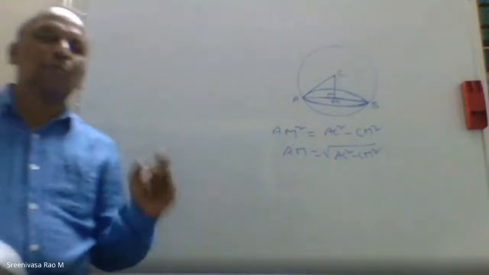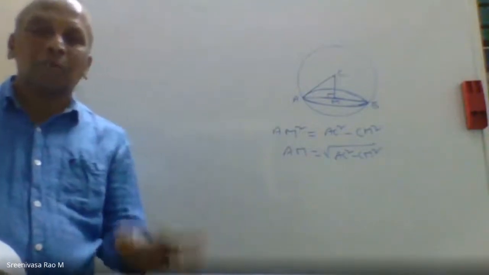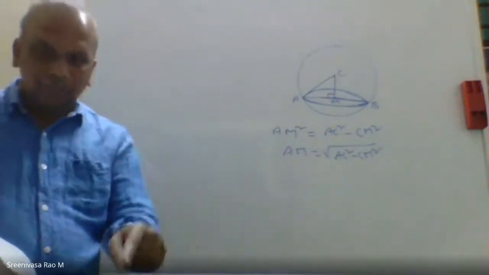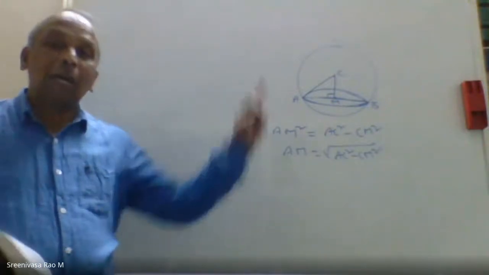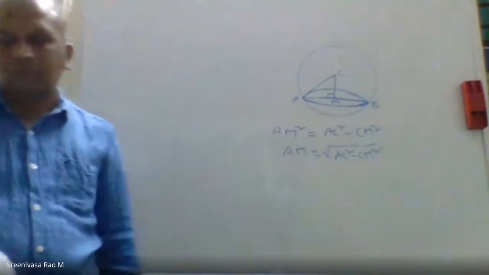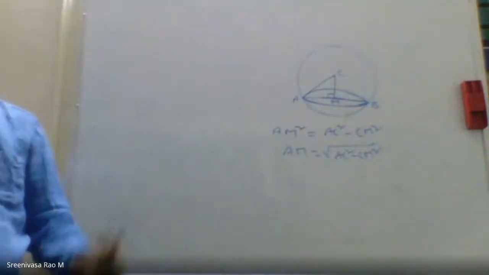So what is the equation of the plane section? The plane section always represents the equation of a circle. Now we can write that the combination of plane and sphere gives the equation of the circle.